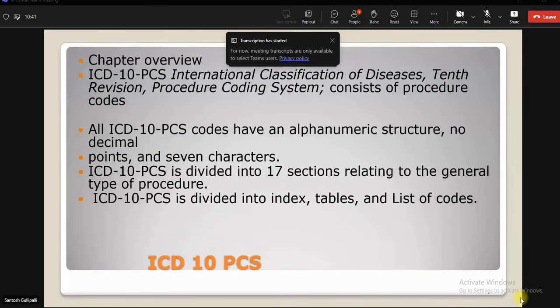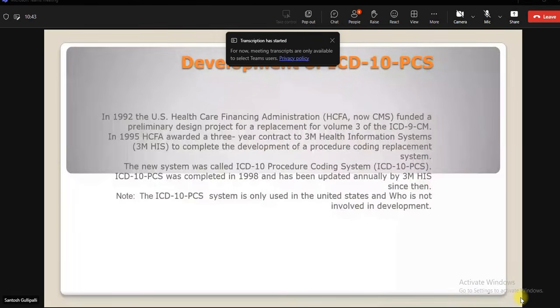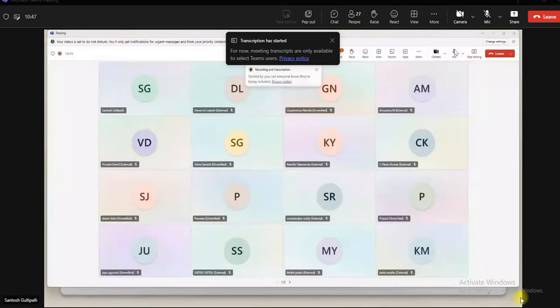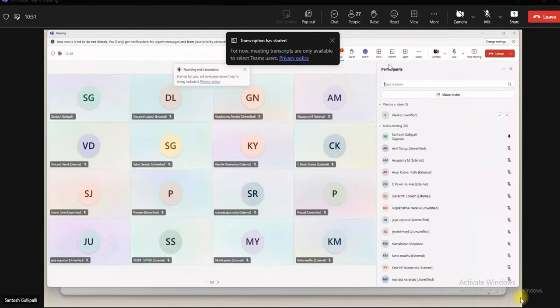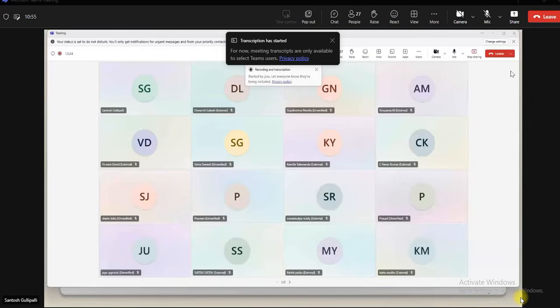What is volume 1 and what is volume 2 in ICD-10? Tell me, anyone. Many coders have a lot of experience.